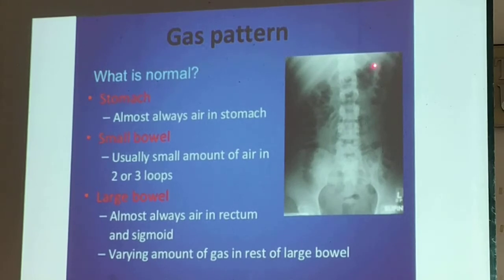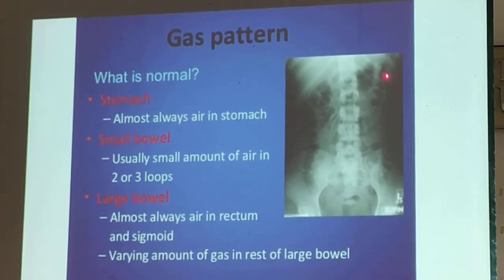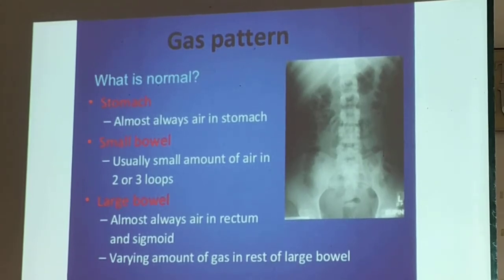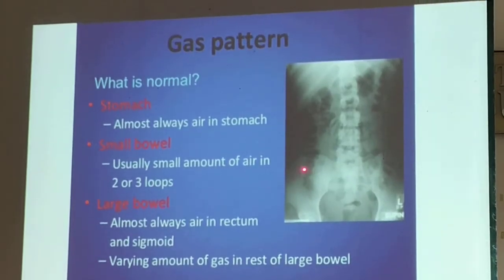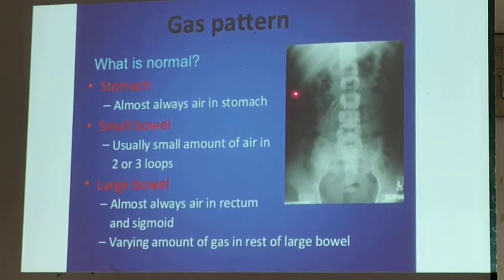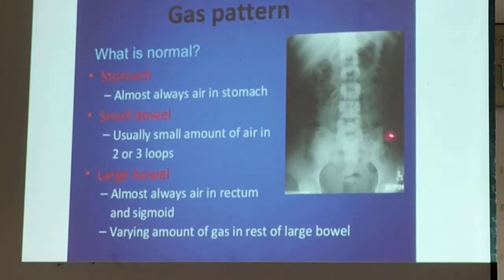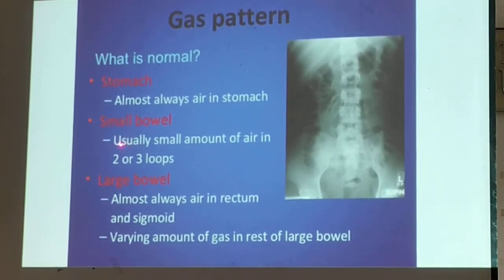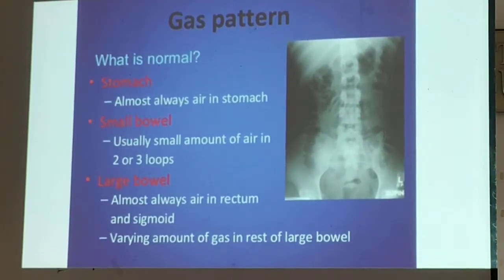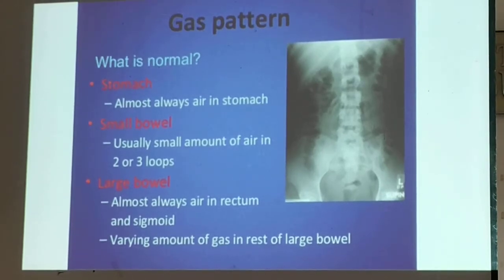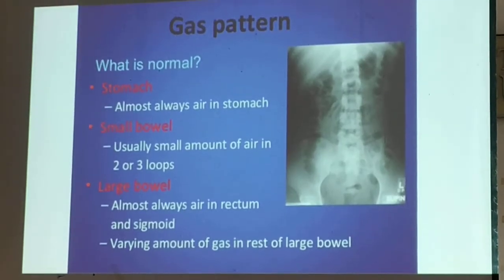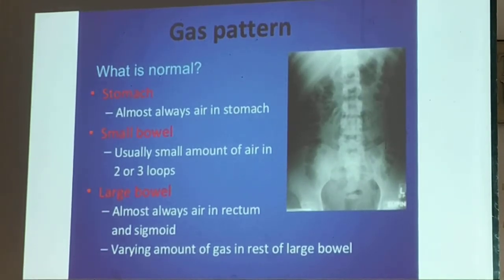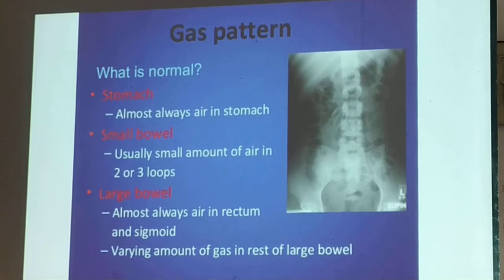And then that would be your splenic flexure, and then bababa siya, that would be your descending colon. Okay? So, as you can see, the gas pattern could be seen peripherally. It's not at the center. Because as it says there, in the small bowel there would be only a small amount of air. Not unless there would be a small bowel obstruction, then you would see plenty of air in your small bowel.